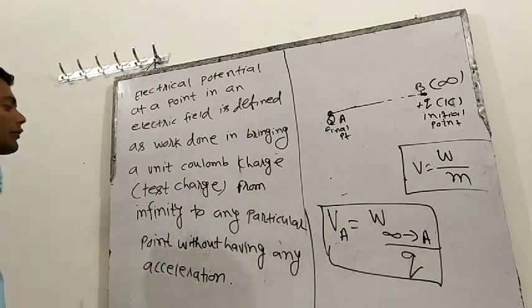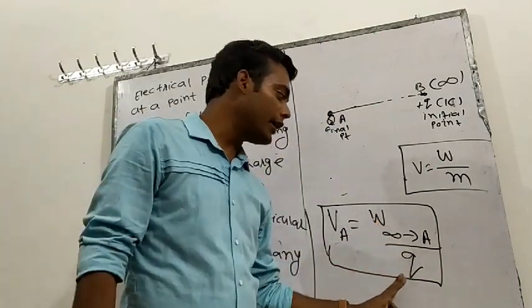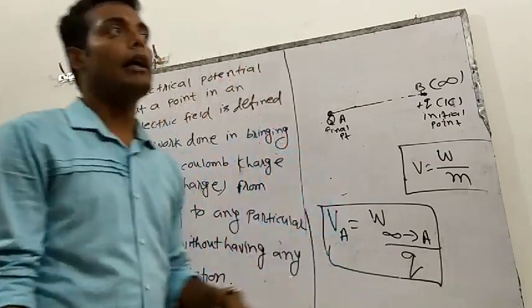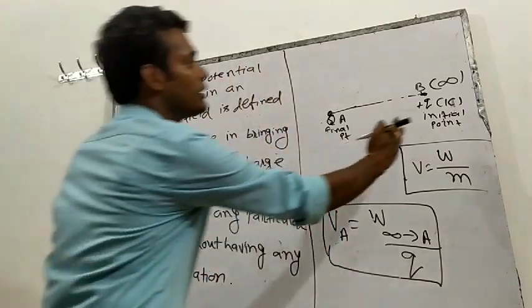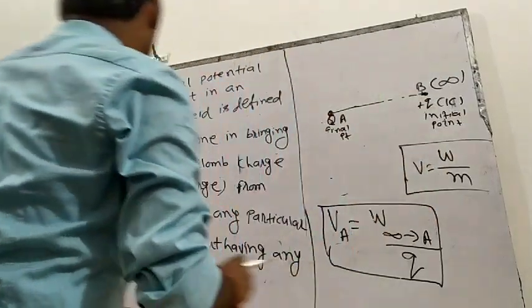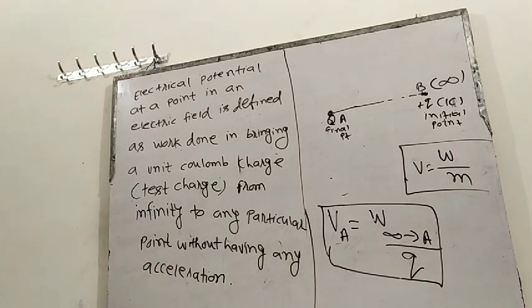That's why I am writing without any acceleration. So potential at any point is defined as work done in bringing unit Coulomb charge from infinity to A without having any acceleration. That means we have to move this charge very slowly. Clear? Copy it. This is the definition of electrical potential.